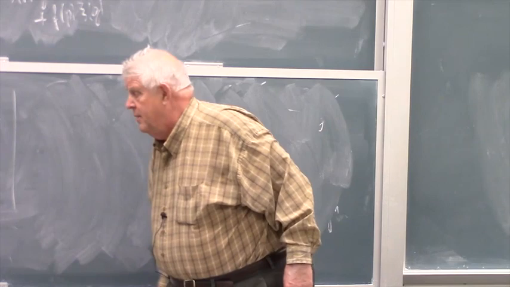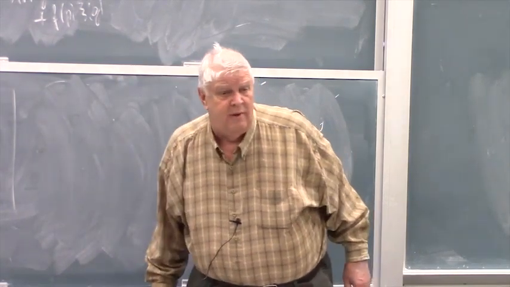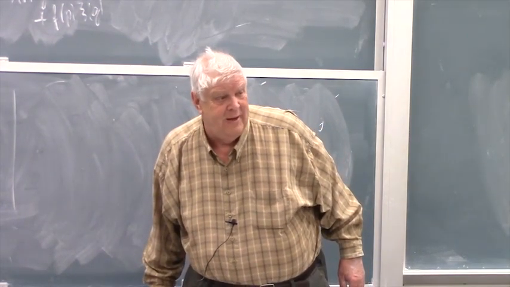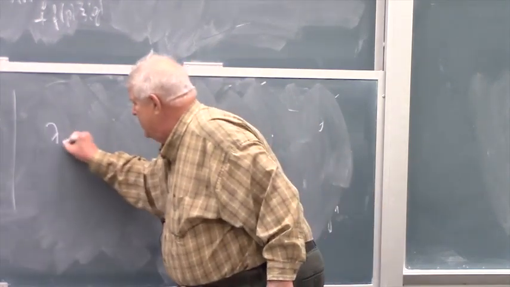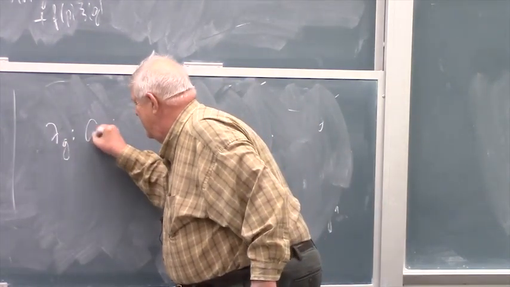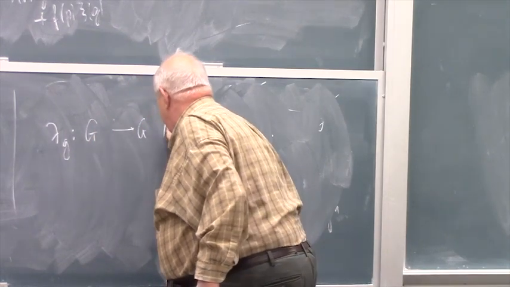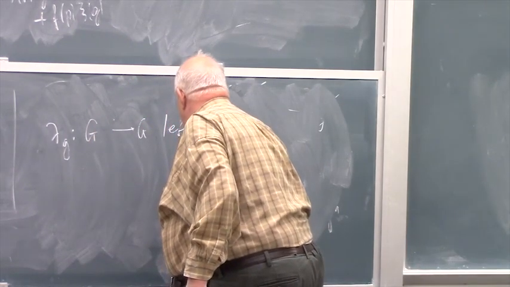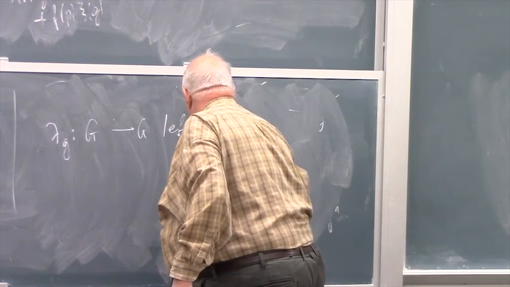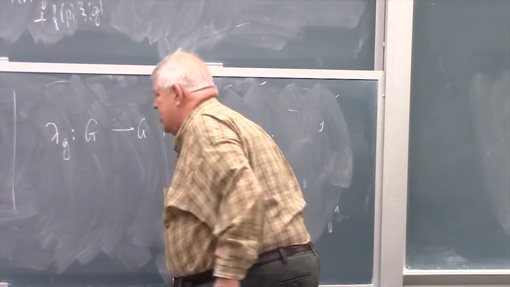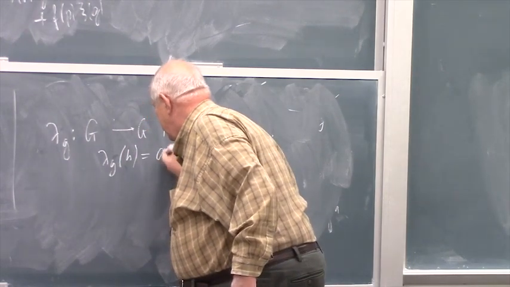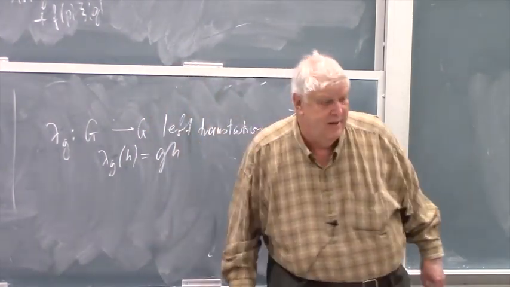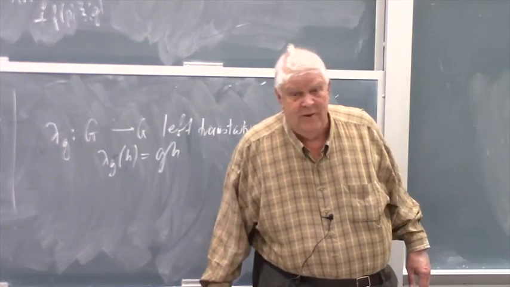First of all, as soon as we have a Lie group, we have three important families of self-diffeomorphisms. Lambda g, left translation: lambda g of h is gh, a diffeomorphism of G onto itself.